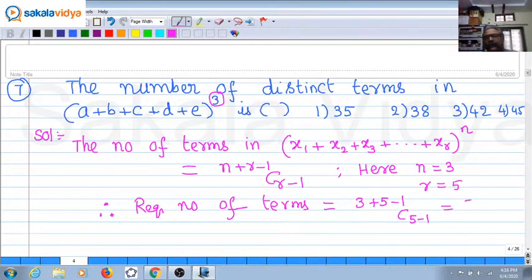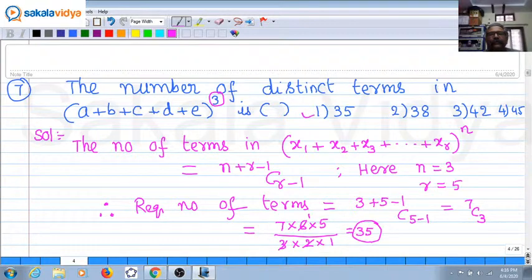This is 7C3. 7C3 means 7 into 6 into 5 upon 3 into 2 into 1. 3 2 is 6, 6 gets cancelled. 7 into 5 is 35. So 35 is the number of terms. So first option is the right option.